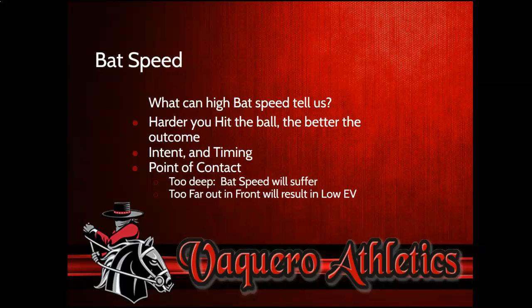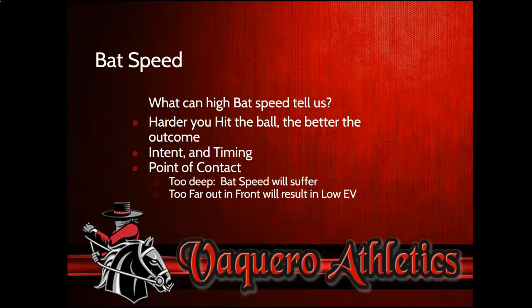Also, our intent. When we get into approach, that's an important piece of our hitting program: intent at the plate. Are you committed to the pitch? Are you committed to the approach with lower bat speed? Then our timing: are we timing correctly, late to the ball, or early? Next is our point of contact. If we catch it too deep, our bat speed is going to suffer.